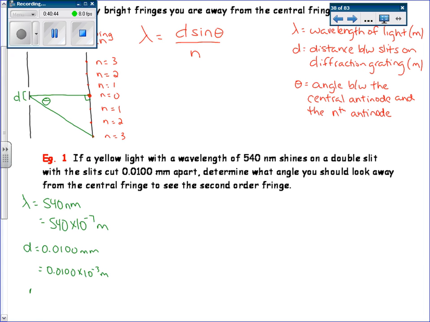N equals 2, and we're trying to find theta. That would mean the angle we're trying to find is from that triangle there, where we're at the second fringe. It's a little different than my diagram, but it's the same idea.